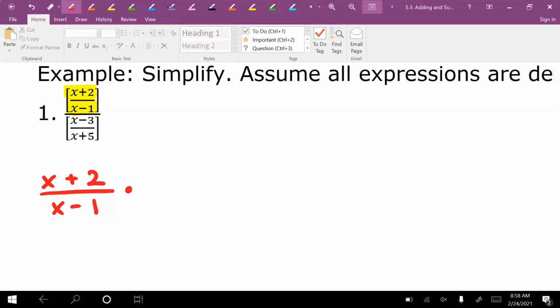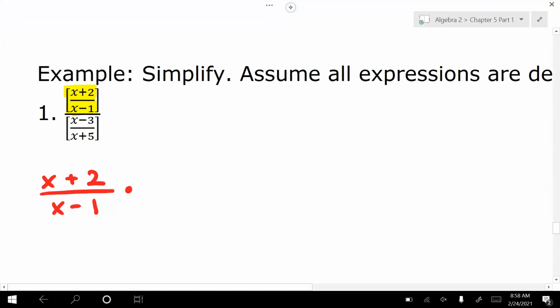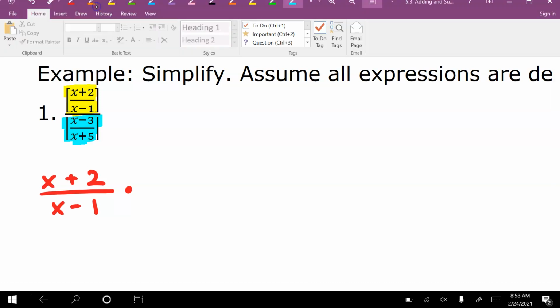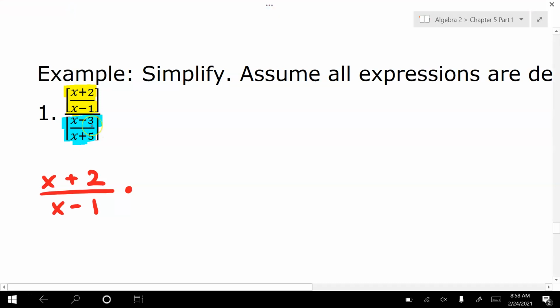Now remember when you were changing division problems to multiplication problems, what did you have to do to the fraction on the bottom? Flip it. Okay, so you're going to have to flip this bottom fraction, the one that I highlighted in blue there, upside down. So x plus 5 is going to go on top, and x minus 3 is going to go on the bottom, like that.